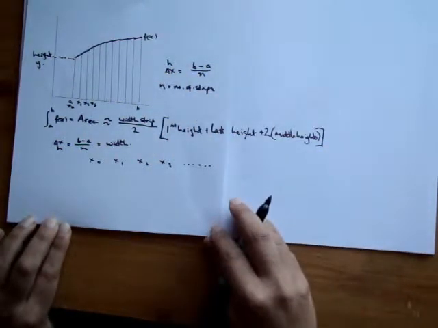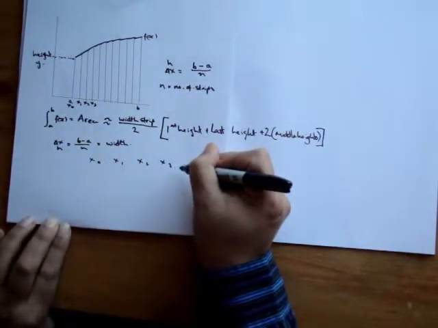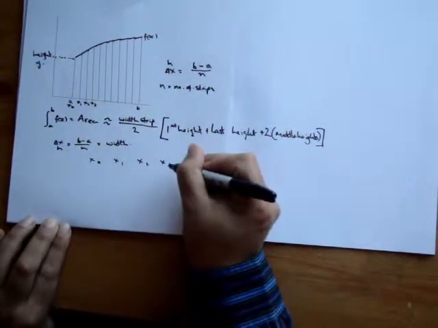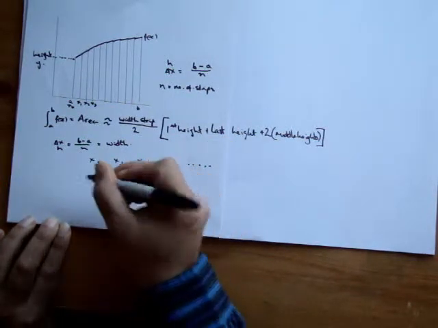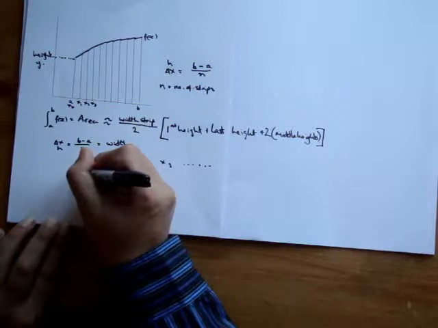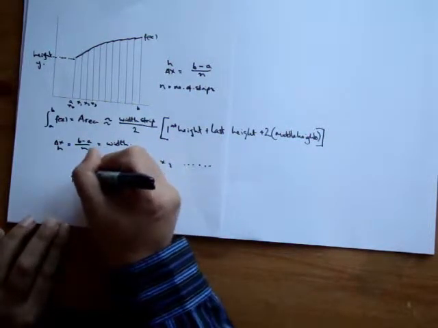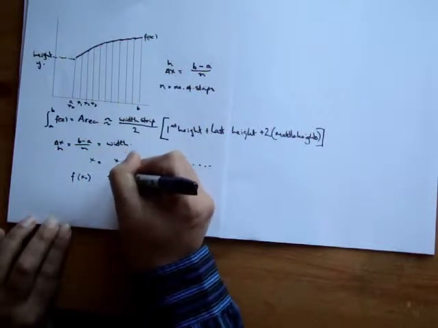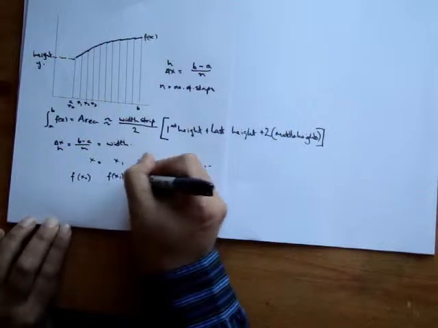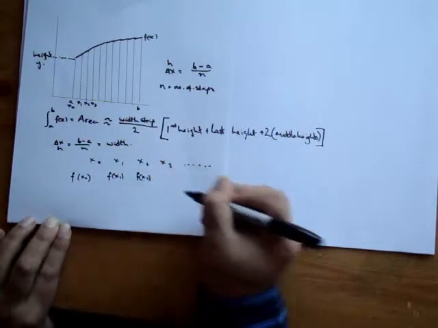Then what we need to do is, for these numbers that we've worked out, x1, x2, x3, we need to put them into our f of x. So we need f of x0, f of x1, f of x2.